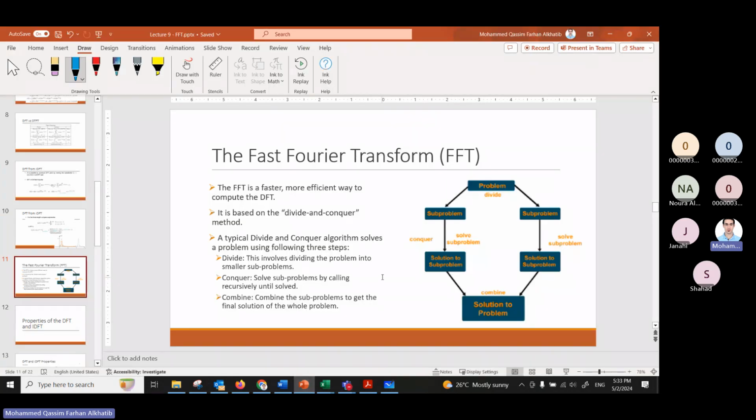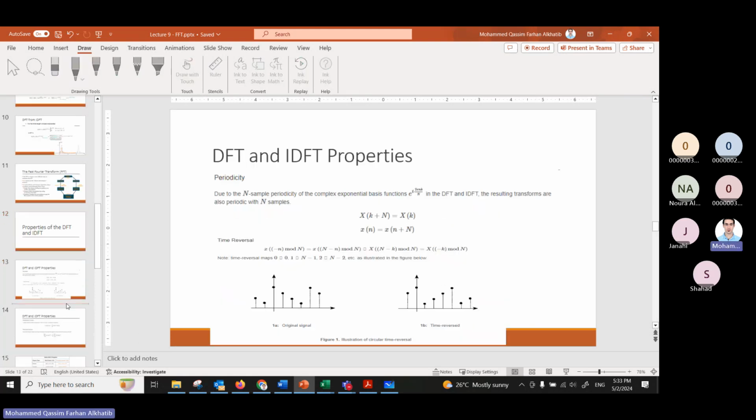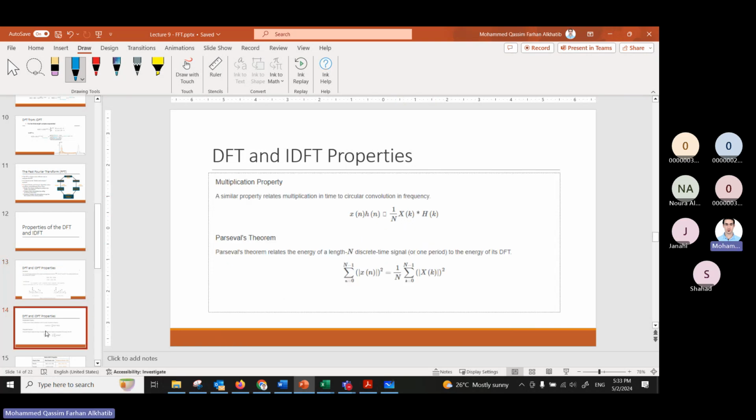All right. So basically in the fast Fourier transform, you're dividing the whole problem into sub-problems, solving them, then accumulating the solutions. So, properties for the DFT: periodic over K and N, but let's not worry about these properties, I will not ask you in the exam. Convolution in time domain equals multiplication in frequency domain.